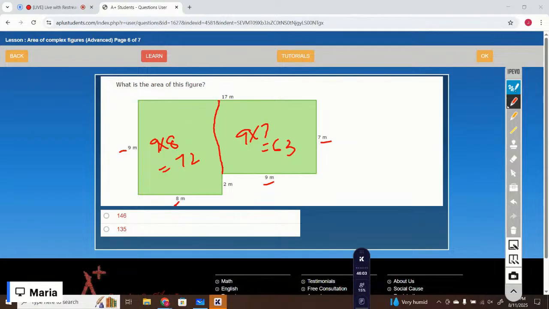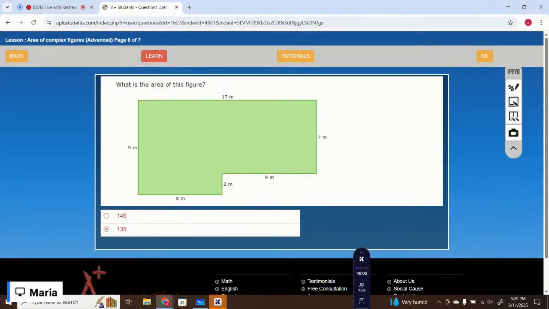So 135. Option number 2 is the correct option.